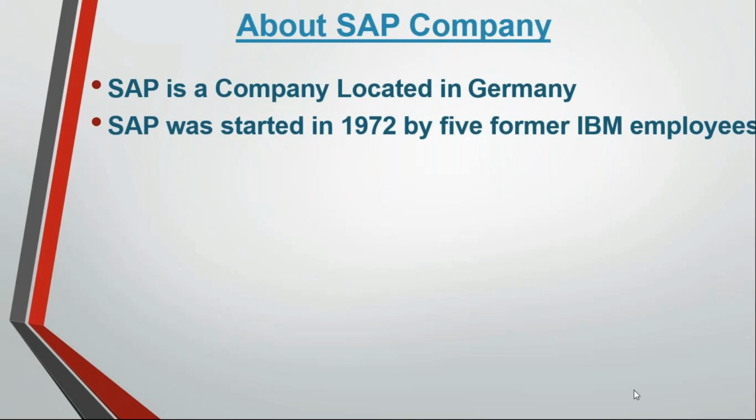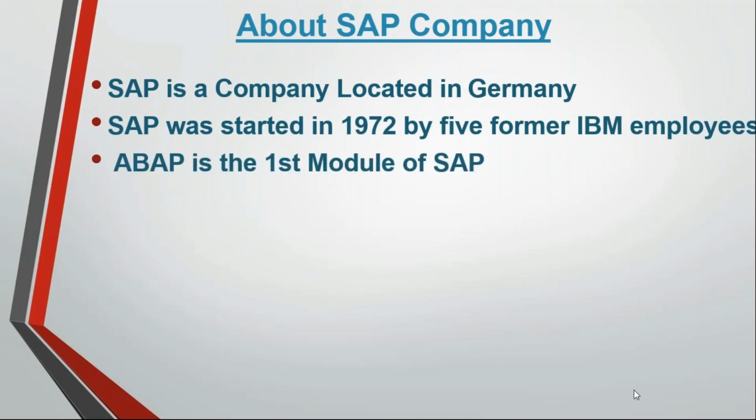After starting the company, they developed one program, that is ABAP. ABAP is the first module of SAP. Whatever modules we have nowadays in SAP, 200 plus modules, a combination of technical modules, functional modules, and techno-functional modules, all the modules are developed from ABAP only.